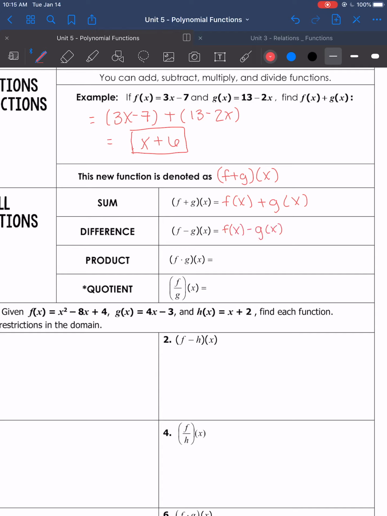And if I wanted to multiply two functions together, f of x times g of x. And dividing functions, f of x divided by g of x, granted that g of x is not 0.